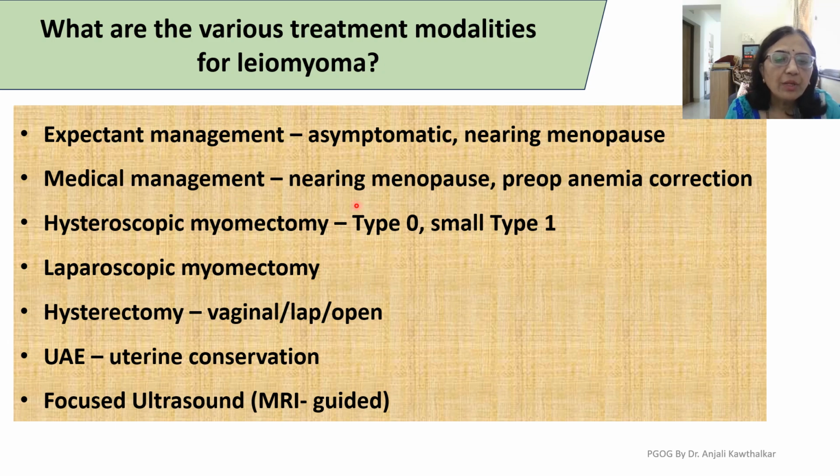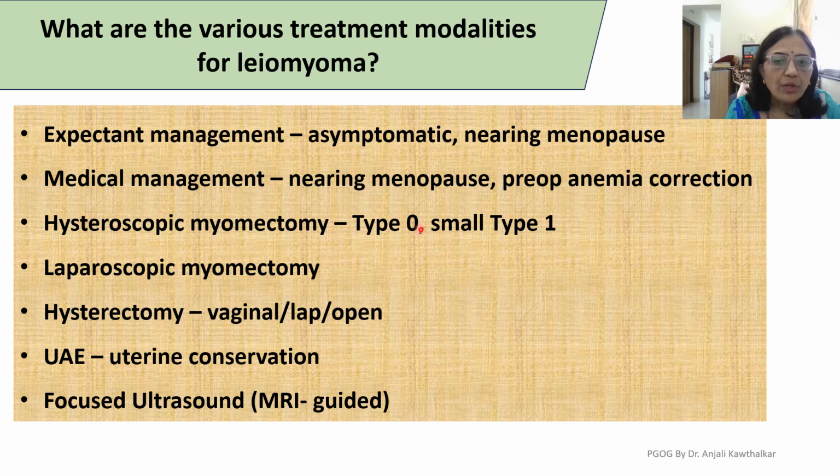Medical management, whenever a woman is nearing menopause, again with the hope that once menopause occurs, the fibroid will become asymptomatic, especially when mild symptoms are present. And for preoperative anemia correction, medical management helps a lot.